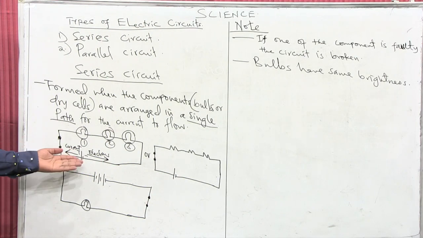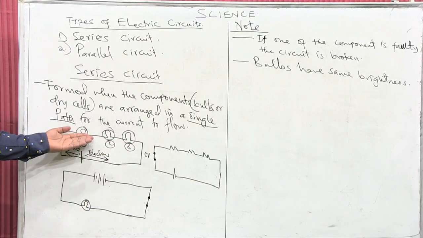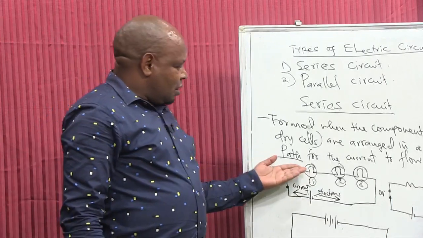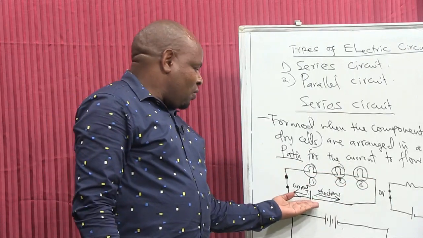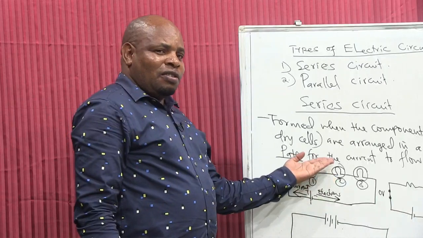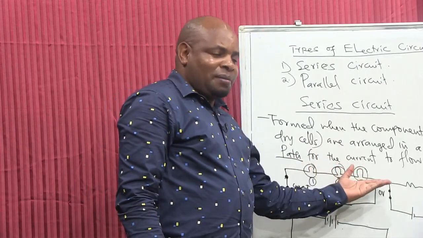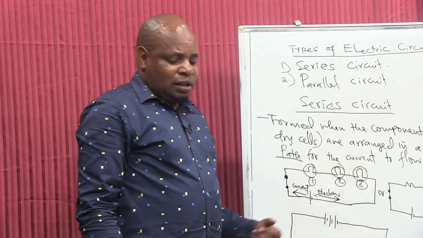If you are using one dry cell here, and I am using 3 bulbs here, the brightness here is going to be the same. If you have 4 dry cells here, and you have 3 bulbs here, the brightness will still be the same. There will be no change in brightness here.